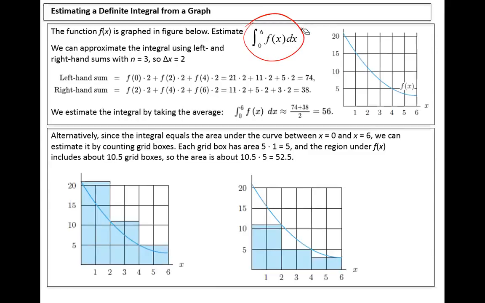We have to understand this: that's my function f of x between 0 and 6. And then we know what to do. Now they're telling us what to do. They want to use the left and the right hand sum, and n must be 3.